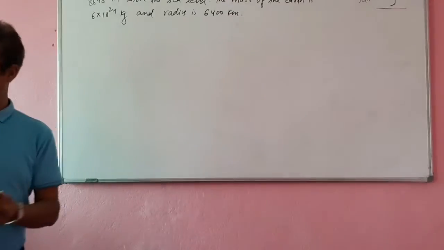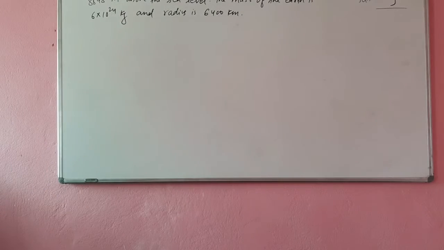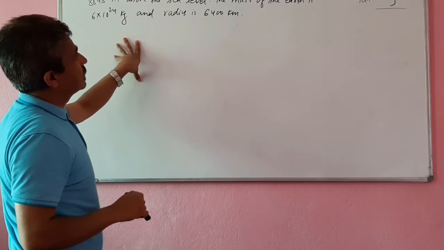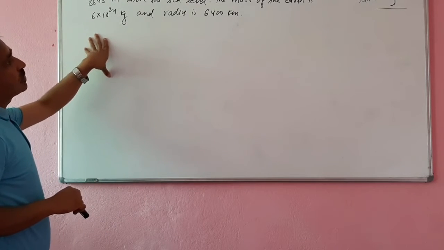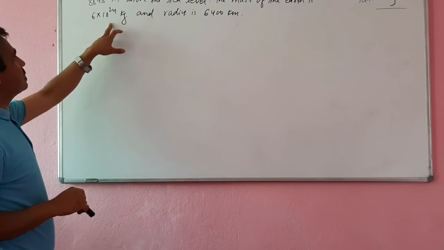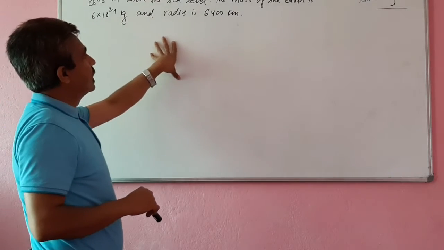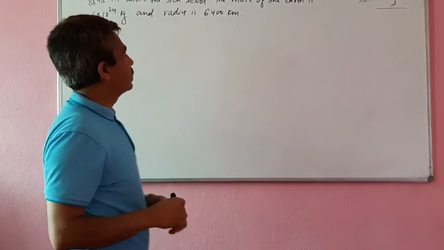Okay, students, what is given here? Find the g on the top of Mount Everest, which is 8848 meter above the sea level. The mass of the earth is 6 times 10 to the power 24 kg and radius is 6400 kilometer.